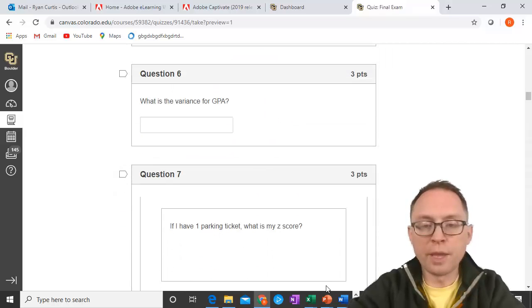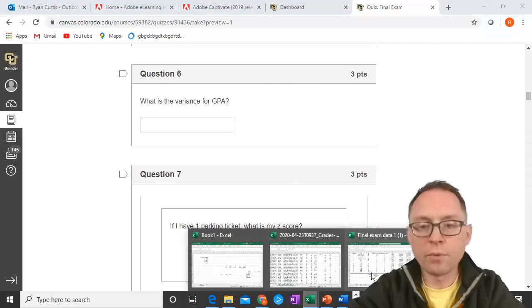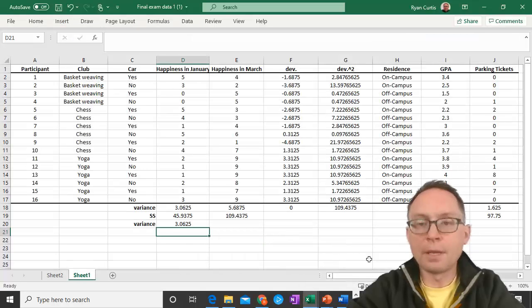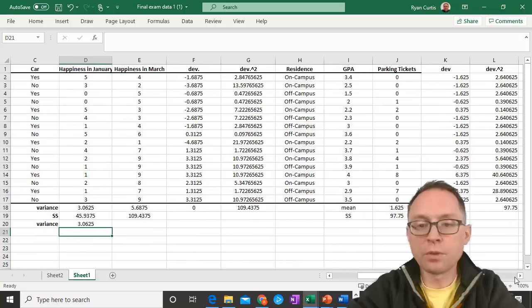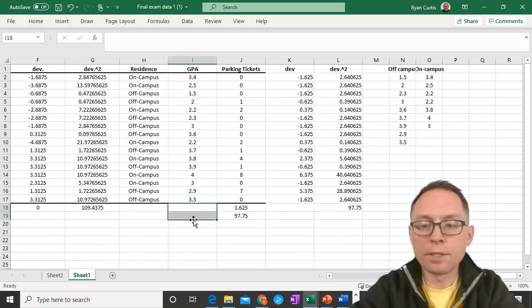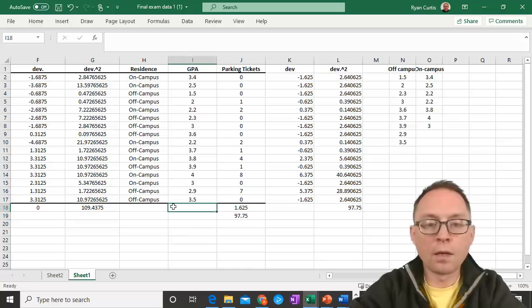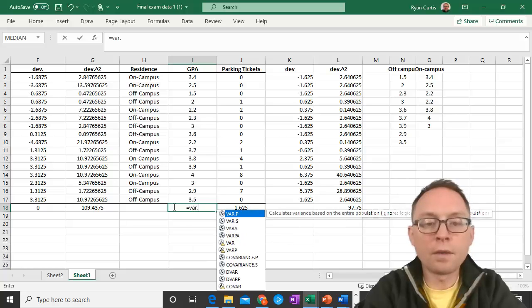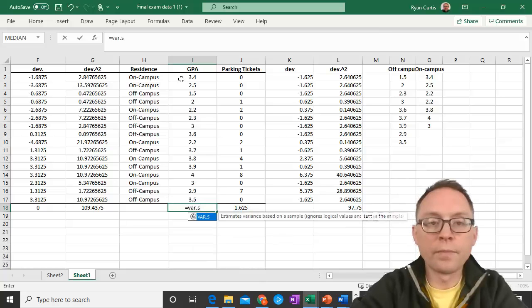What's the variance for GPA? Let's do that the same way we did it for happiness. So I'm going to move this over. Okay, I'm going to erase these, and variance is going to be VAR.S. That's one way to do it.